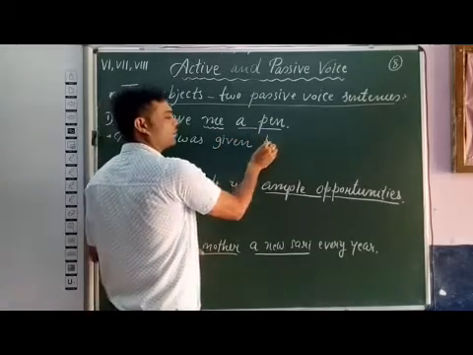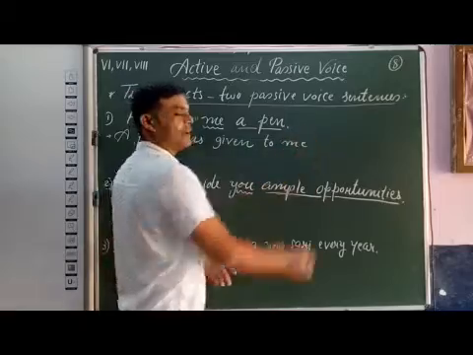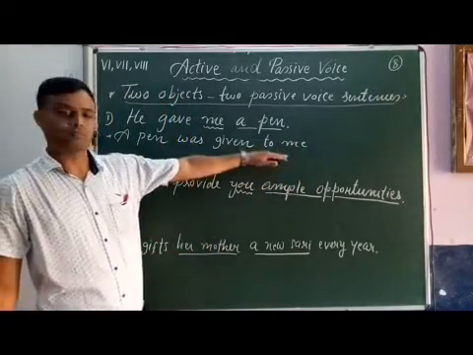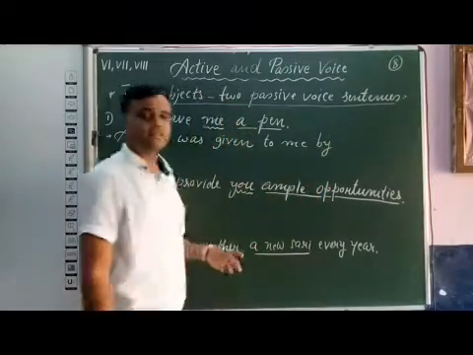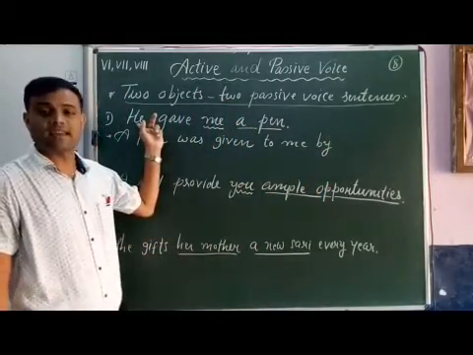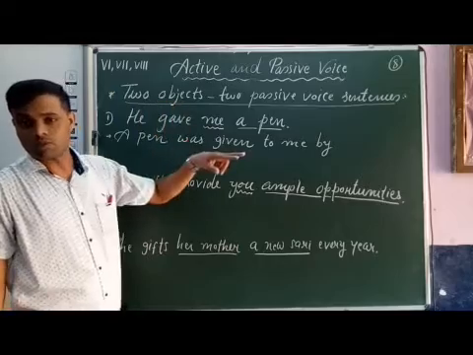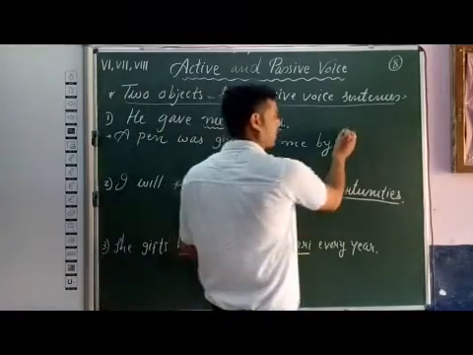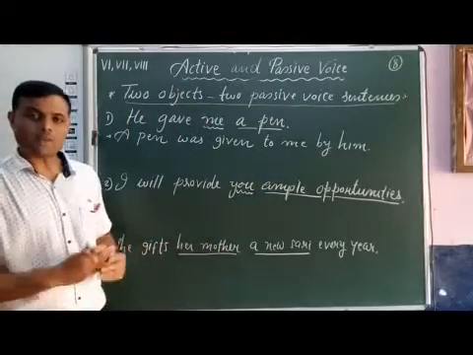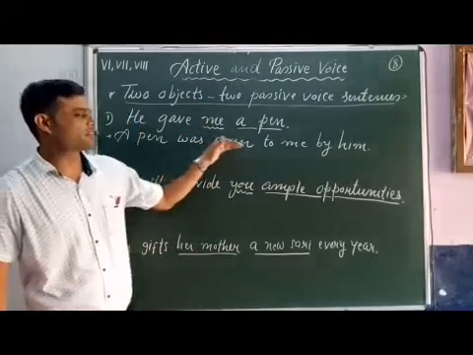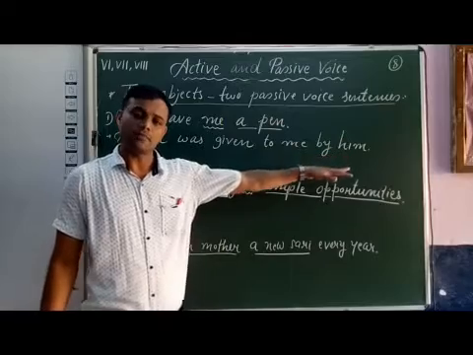After V3, to and then indirect object, me. Then by, and then subject. Here subject is he, so its object pronoun is him. So now the passive voice is: a pen was given to me by him.